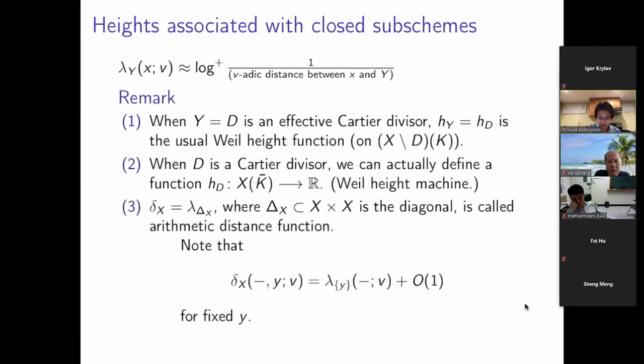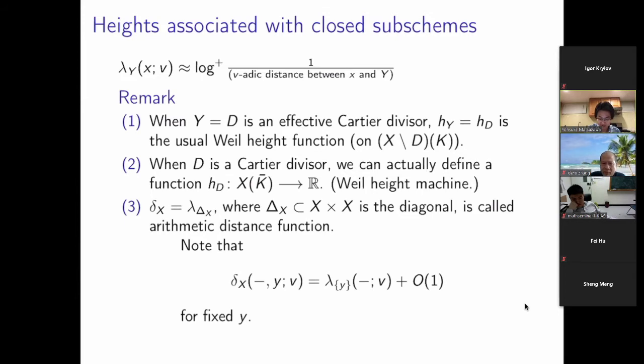The third remark is that this is actually a definition of the distance function. The distance function is just the local height function associated with the diagonal. This measures the distance from the diagonal, so we can also consider the distance between two entries.